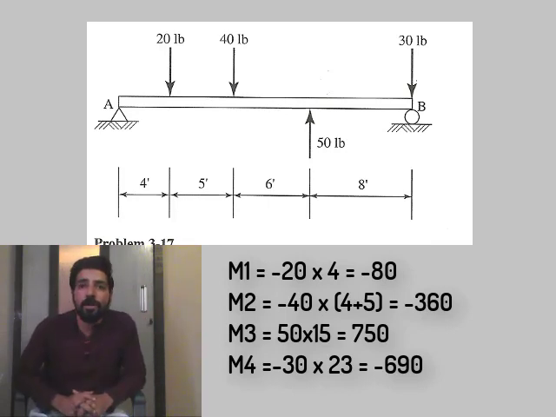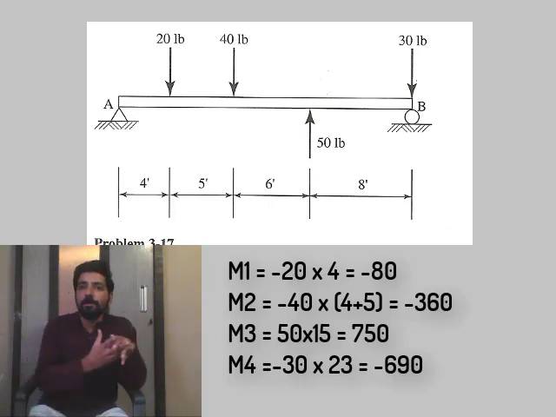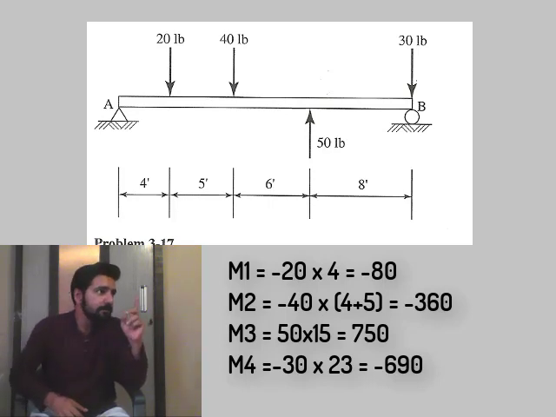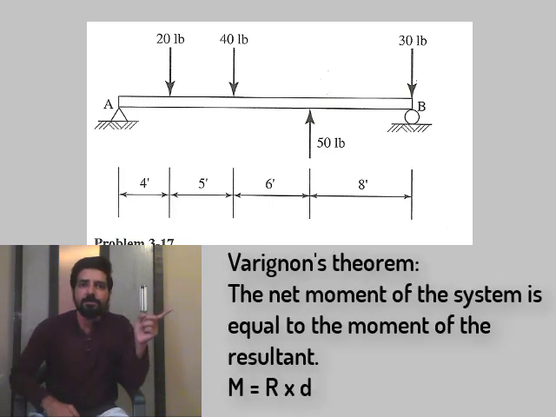Now, what you have are different moments, and keep in mind some of them are positive, some of them are negative. Finally, add them up to get the net moment. This net moment shows the moment of the resultant. Yes, that is what Varignon's theorem says. The net moment of the system is equal to the moment of the resultant.